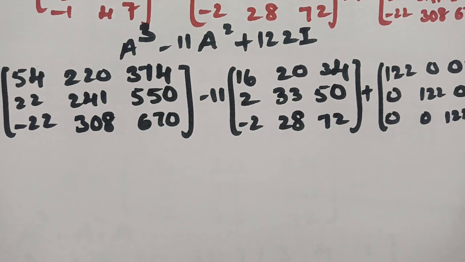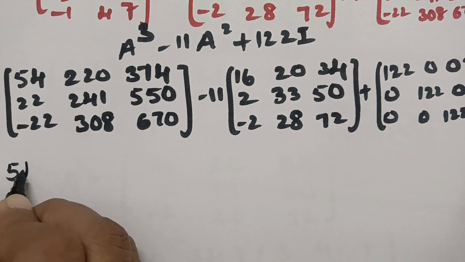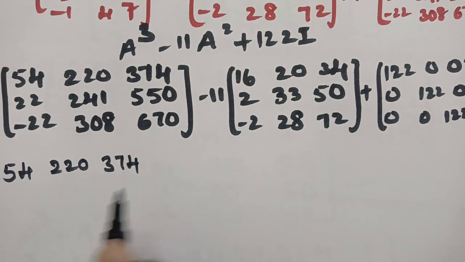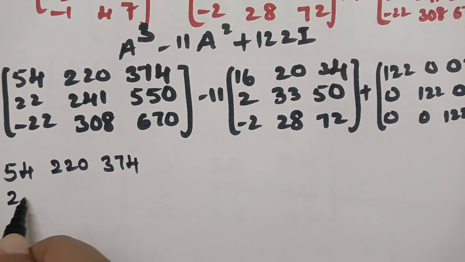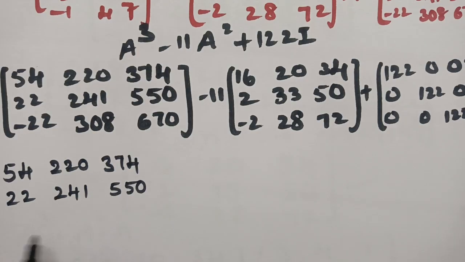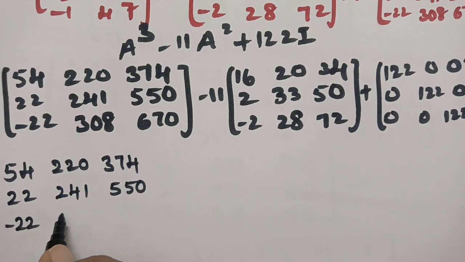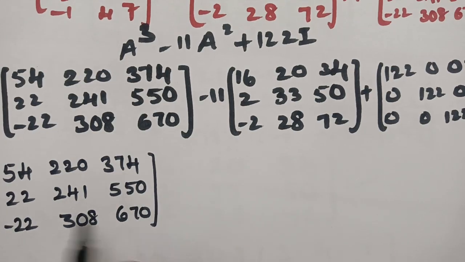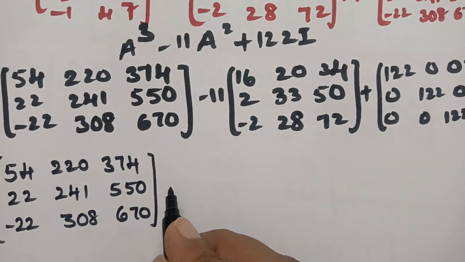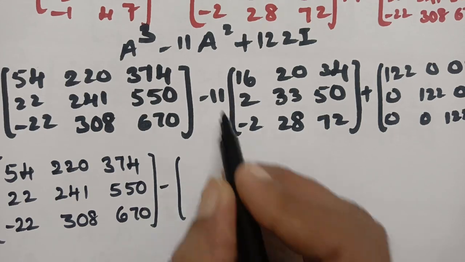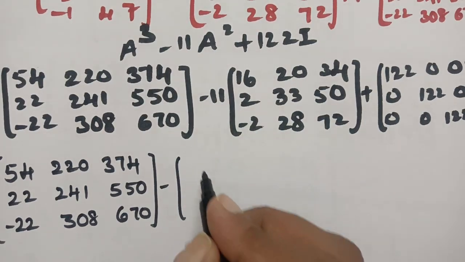So this is going to become 54, 220, 374, and the next one, 22, 241, 550, and minus 22, 308, and 670, minus, if I multiply with 11 here, see, this is 11 into 16. You can use your calculator.